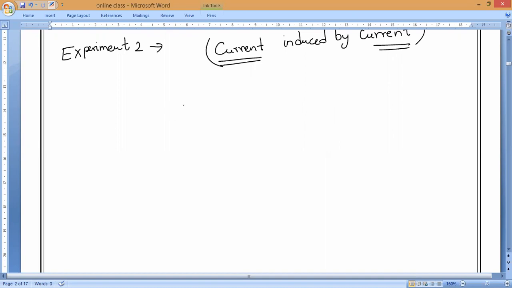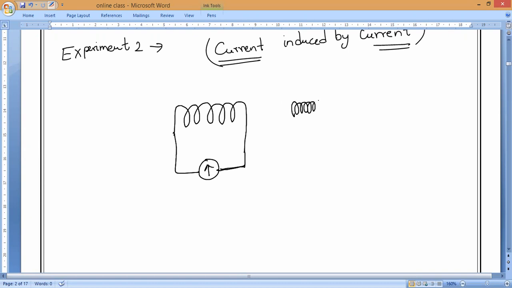For the first one, I will take one coil, one solenoid, without any non-conductor kept inside, and connect a galvanometer to it. Now I will take another solenoid which is connected to a battery. Do you understand, everybody?